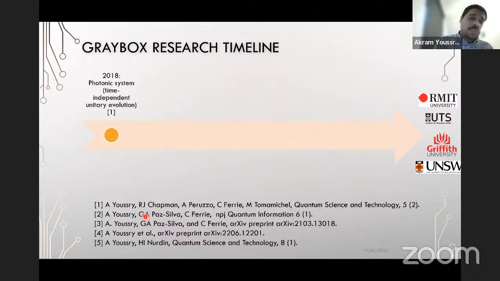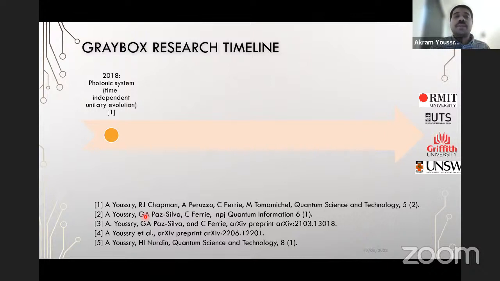Back in 2018, we started looking into photonic systems, which can be modeled as a time-independent closed system. And this was the start of this Graybox idea. Even though the concept has been in classical control engineering for many, many years and is not new, it didn't really exist in the quantum world.